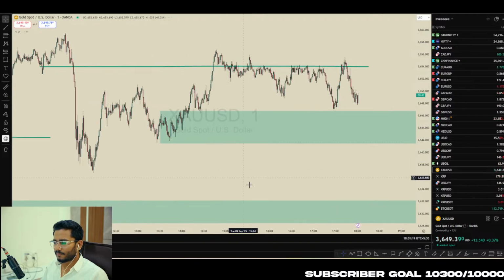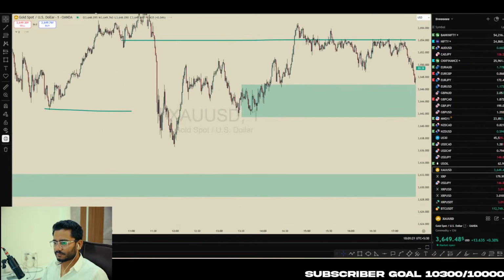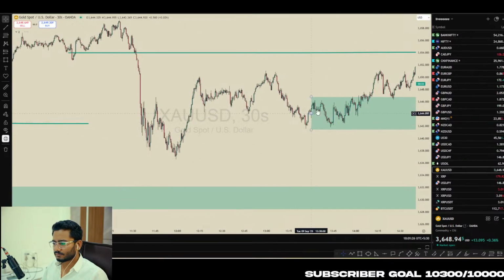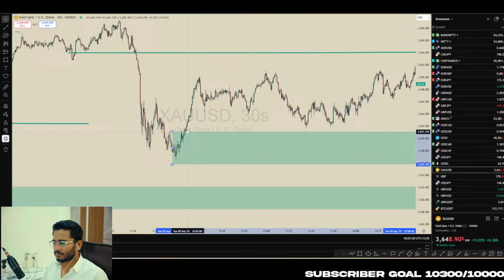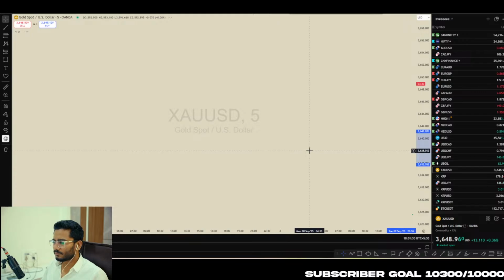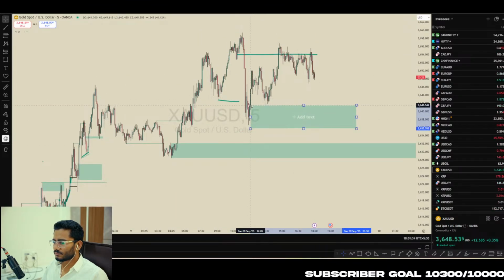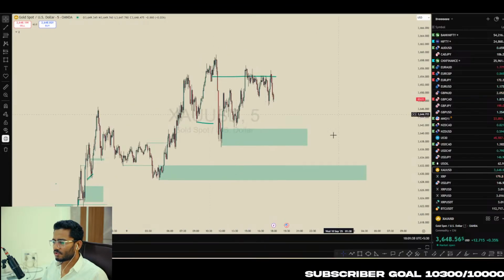Everything is mitigated. We can use this area. Let's say if we get a chalk or something, then only look for buy side from here.